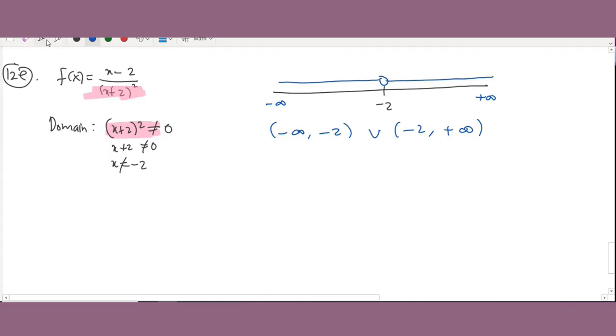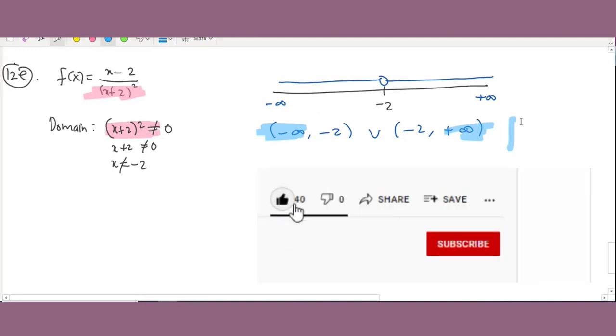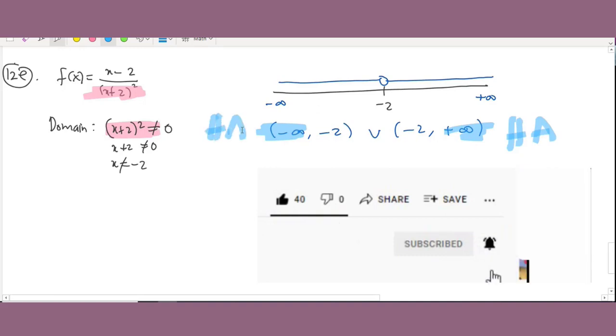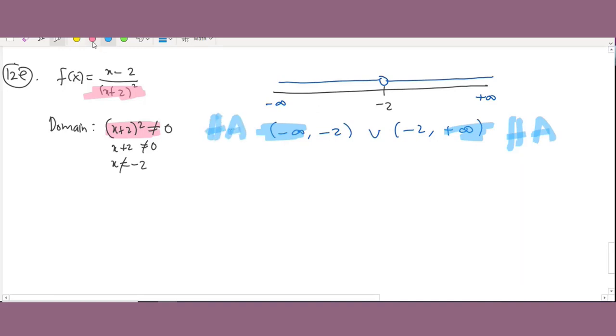So now to check, look at this. The first and the last, negative infinity and positive infinity, are for horizontal. Check whether that one is horizontal only. And this number may be a vertical asymptote.